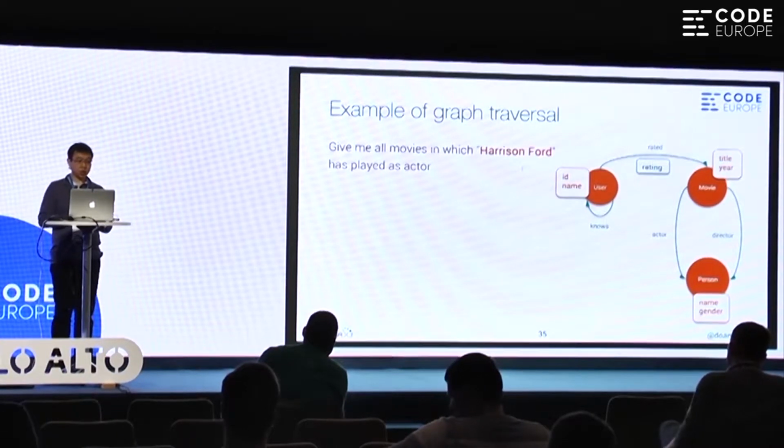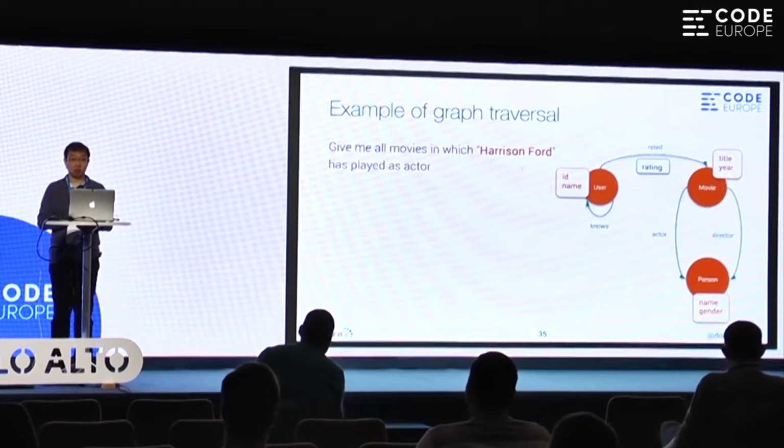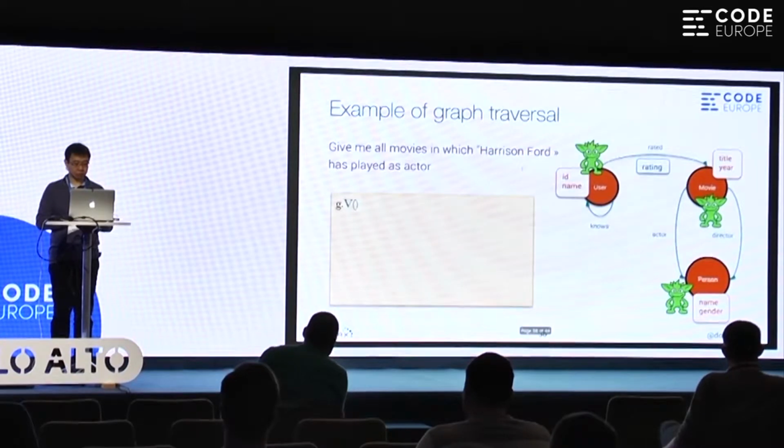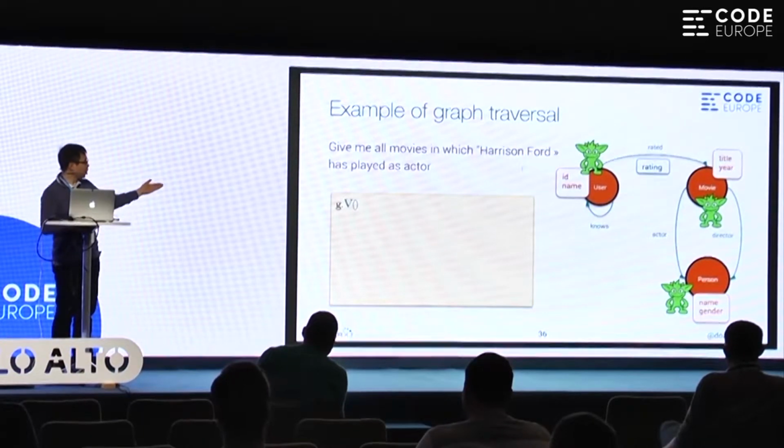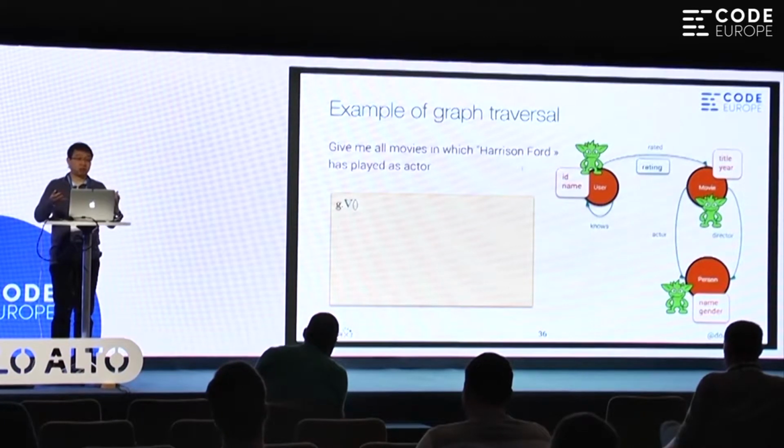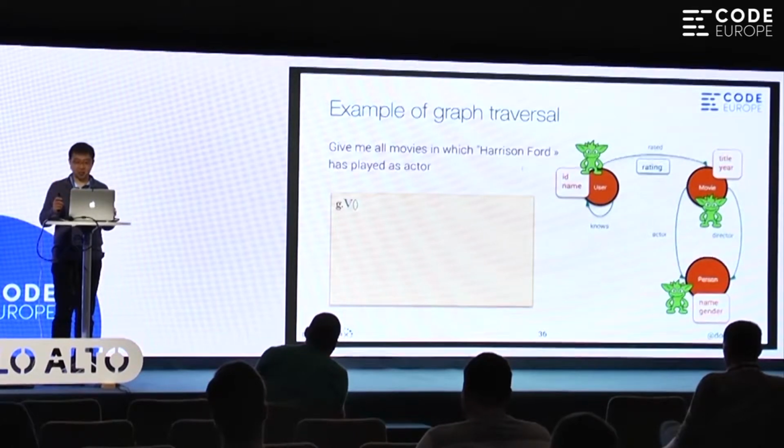Right? And so my question is, with this schema, give me all movies in which Harrison Ford has played as actor. So how can I answer this query? So first, g.V. G is my graph, my whole graph, so my whole data. .V is give me all the vertices.